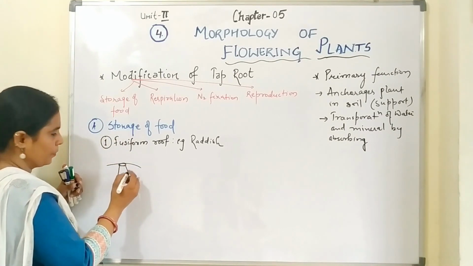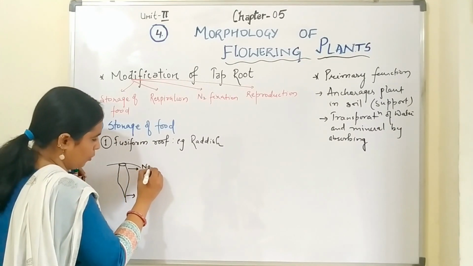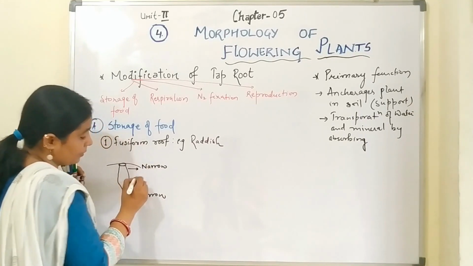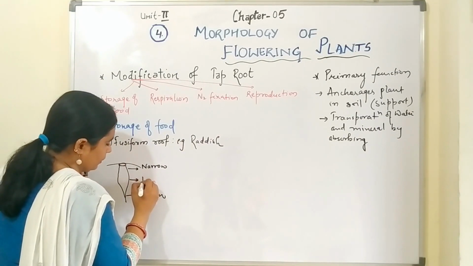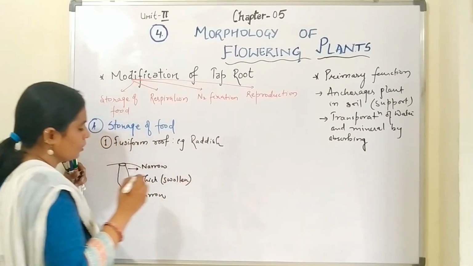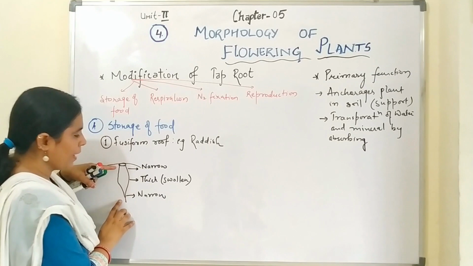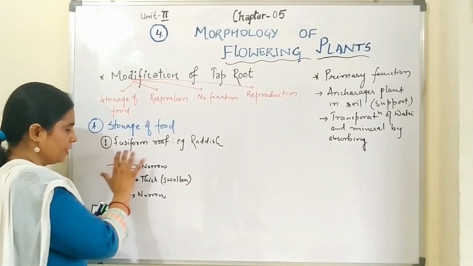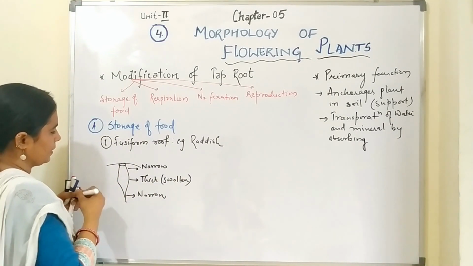Here, these two ends will be narrow and the center portion of this root will be thick, or you can say swollen. So in fusiform type of taproot, you will find the two ends are narrow as compared to the center one. This is the fusiform.